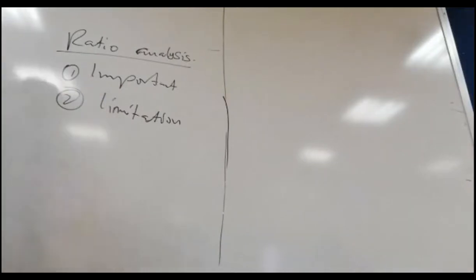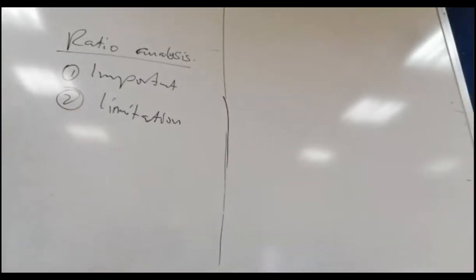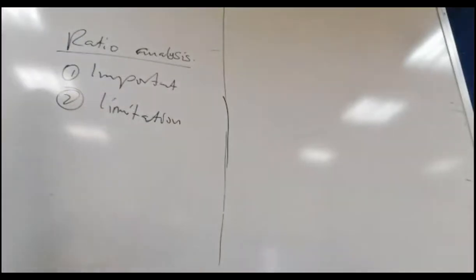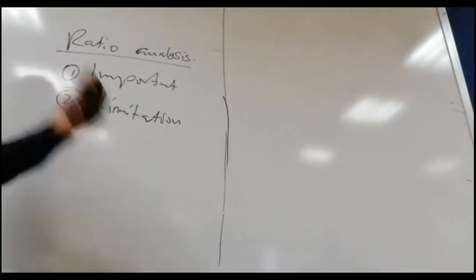For the importance, don't worry. If you know the classification, the five classifications, they are the importance of ratio. What are they? They are five in number: profitability, liquidity, efficiency, gearing, and market position. So ratio is used to assess profitability of the organization, to assess liquidity position, to assess efficiency, to assess the gearing level, and the market position.